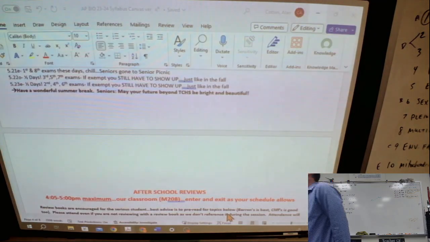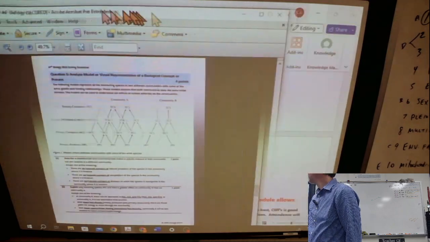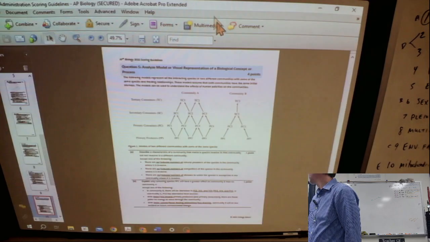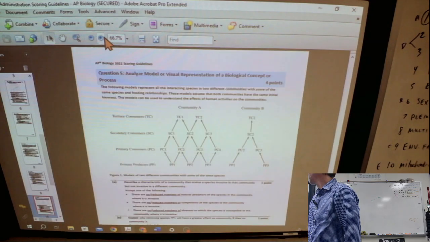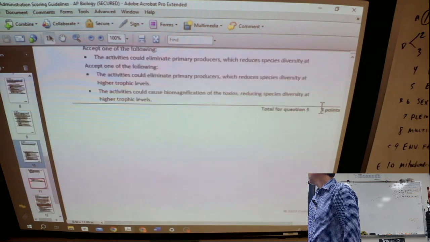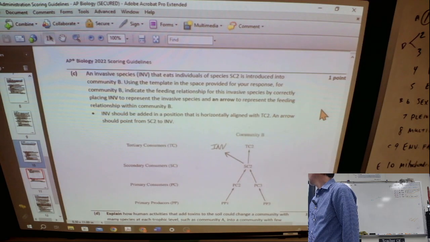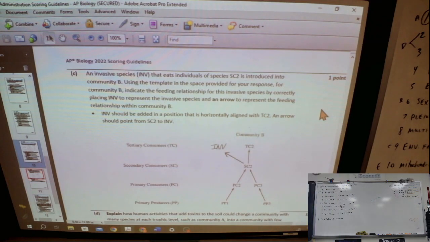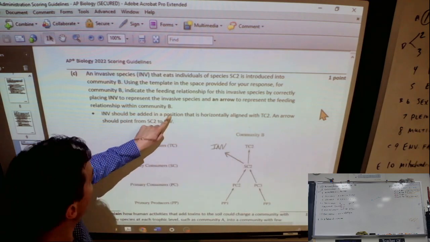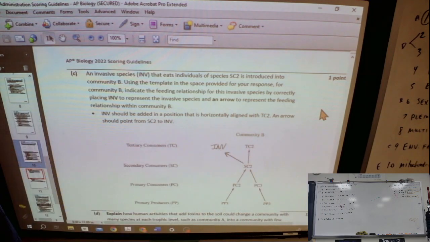That's the one I want. Over here. INV should be added in a position that is horizontally aligned with TC2, where you don't get credit. So I wouldn't have gotten credit.